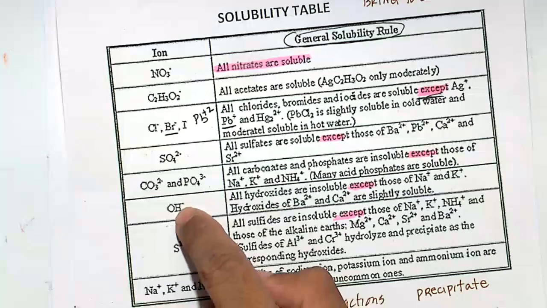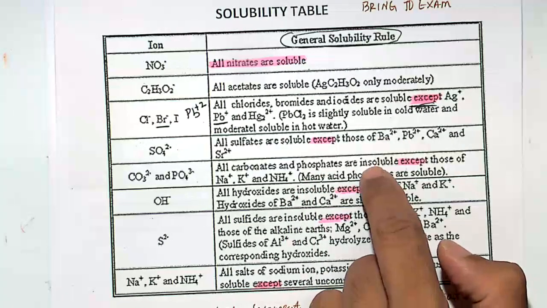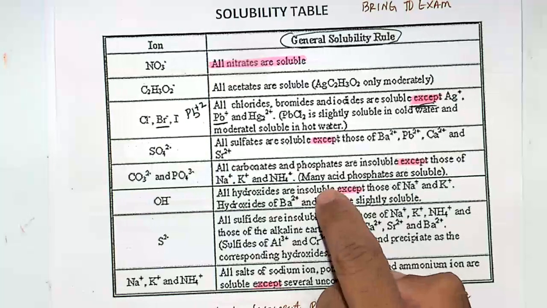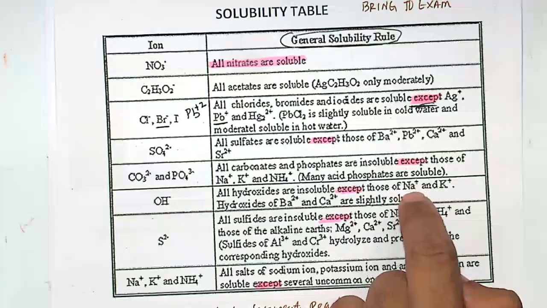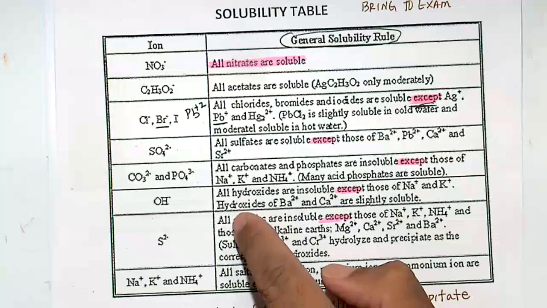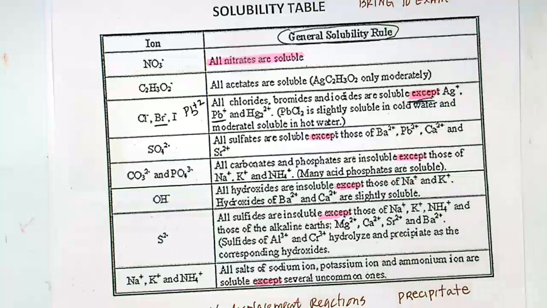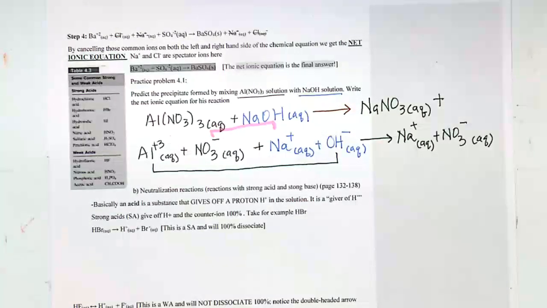Hydroxide, OH minus. All hydroxides are insoluble except sodium, potassium. Hydroxides of barium and calcium are slightly soluble. So what are we actually looking at here? Aluminum. Would this be solid or aqueous? This would be solid. Very good.